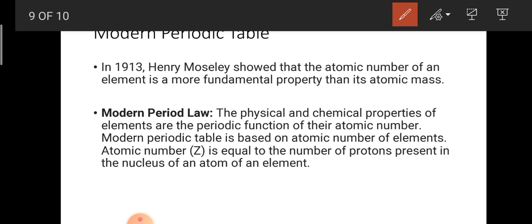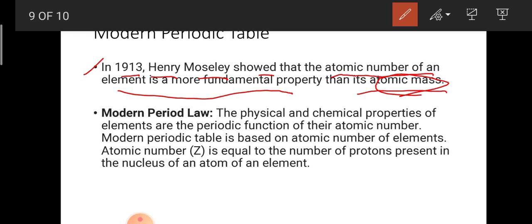The modern periodic table. In 1913, Henry Moseley showed that the atomic number of an element is a more fundamental property than its atomic mass. In all the scientists we have studied so far who contributed towards the classification of periodic elements, we saw that the main criterion everyone chose was atomic mass.